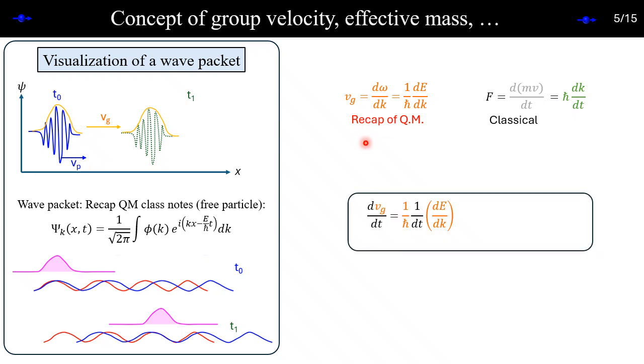Let's take a derivative of this. Do you agree? This Vg is like d by dt, so if you remember how to differentiate, it is d square E by dk square times dk by dt. What is it? Chain rule. I was saying chain reaction.